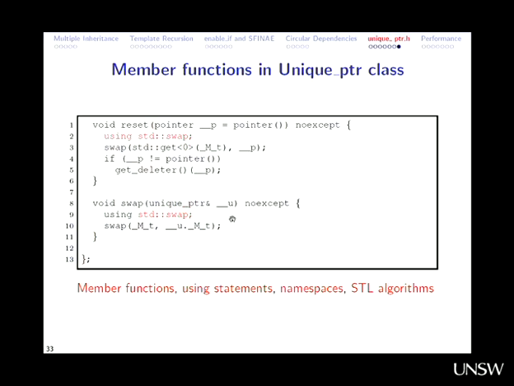Now, with this using standard swap and this swap function here, what are we trying to achieve on this couple of lines of code? So let's look at reset. Reset is in the same scoping area as swap, but reset also says using standard swap. So what happens?